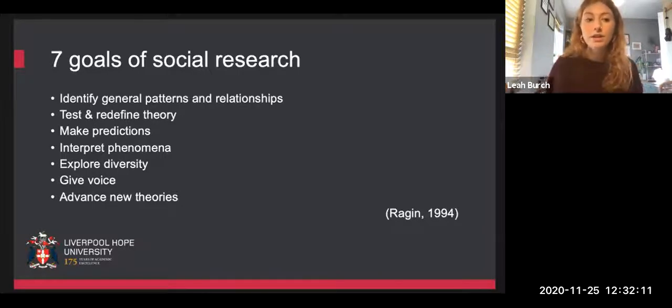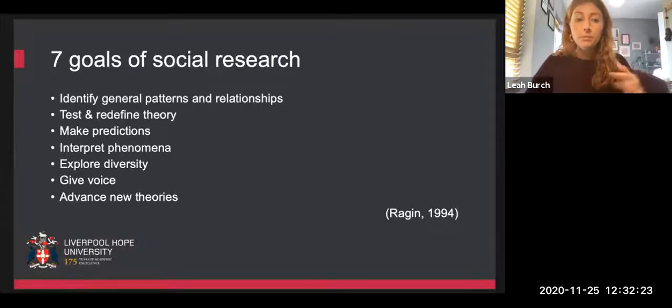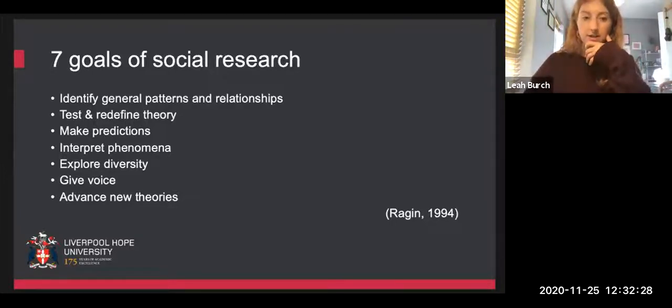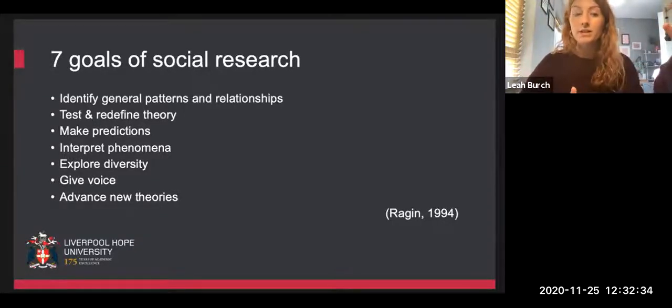It's very unlikely that one piece of research is going to be able to address all of these. But some of the goals that research might aim to do can be broken down in the following ways. So identifying general patterns and relationships. Similarly to what we've just said, it's about describing some kind of pattern or relationship that's taking place.